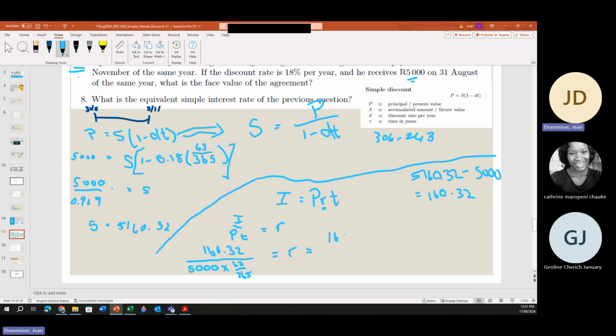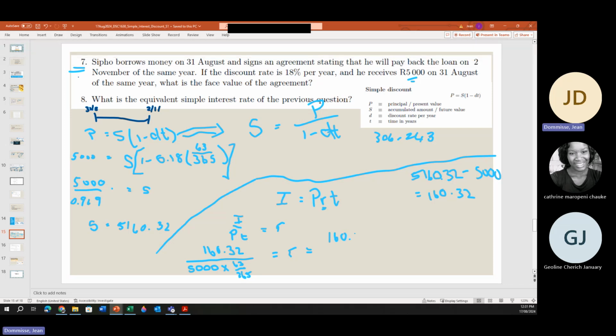If your calculator, and I know the Sharp can do this all in one, just use brackets, then you can do it all in one. But let me first take 63 divided by 365, then multiply it by 5,000. So at the bottom, I get 863.01.